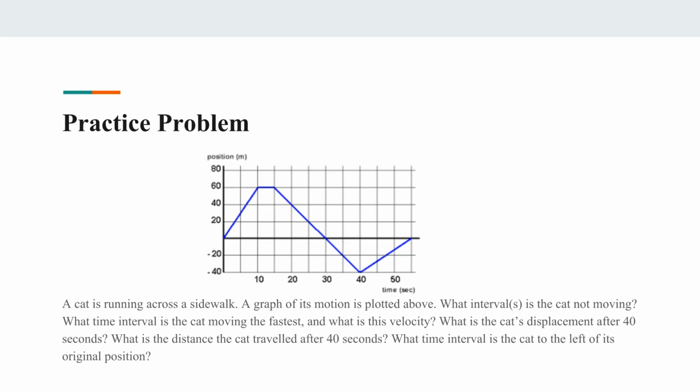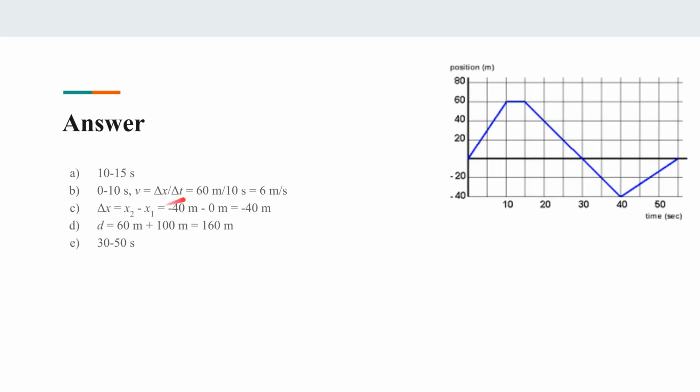And what time interval is the cat to the left of its original position? Left is negative, so we need to find the interval where the graph is below the x-axis. That indicates a negative y value, which in this case indicates a negative position, or left.